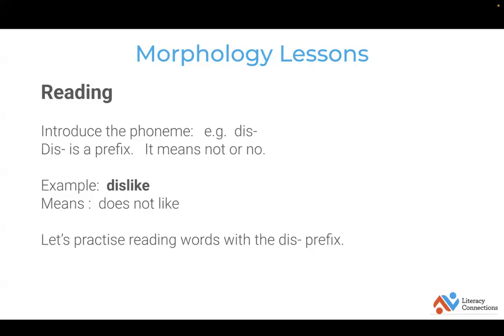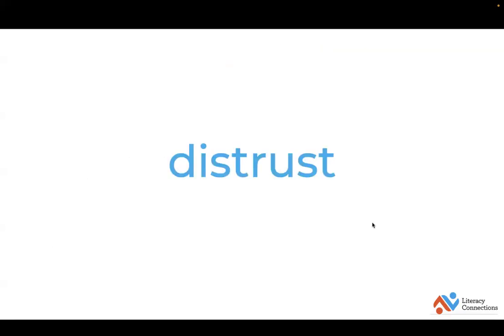And then we bring in an example. So dislike, we show how it works. It means to not like. So the dis adds the opposite to the word. Then we practice reading words with the dis prefix. In a lesson, we would have one word per page, just kind of like a sound pack, and read these together. So we're really training our children to break that word into a prefix and base.